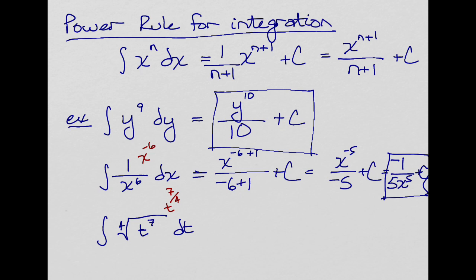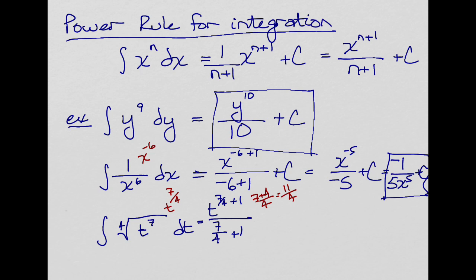When I find the antiderivative, this is t to the 1 higher power over 1 higher power. We're definitely not going to leave it like that with the complex fraction. 7/4 plus 1. If you can do that in your head, that's great. 7/4 plus 4/4 is 11/4.